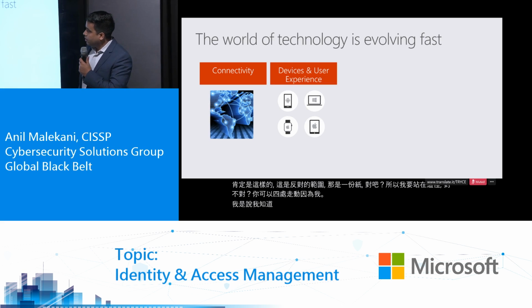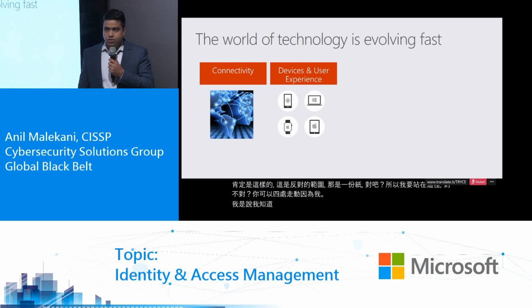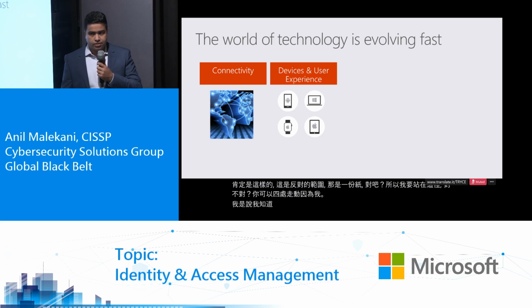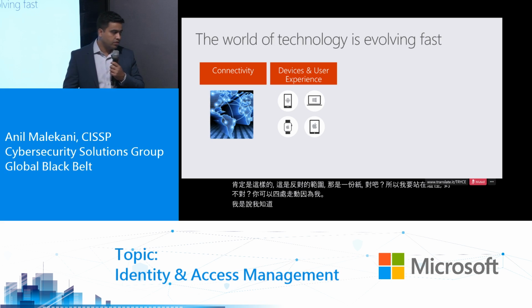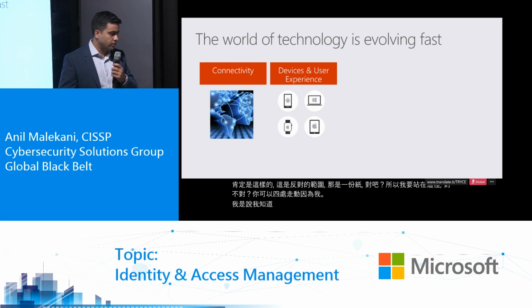Number 2, the device and user experience. With better internet access, users now have access to modern mobile devices, so they can access applications and data from any location, anywhere, right? So this means they have a better or different experience in comparison to the past on these new mobile devices.